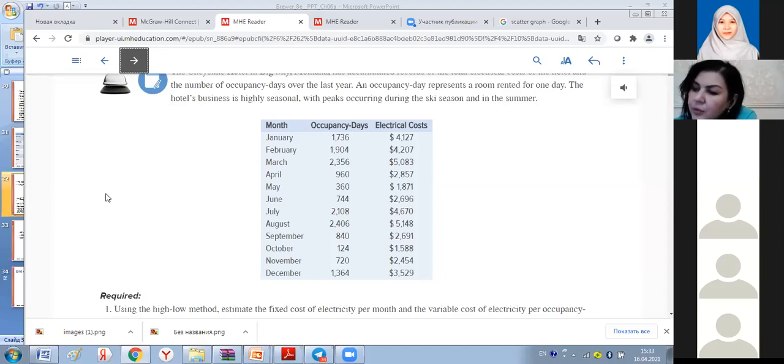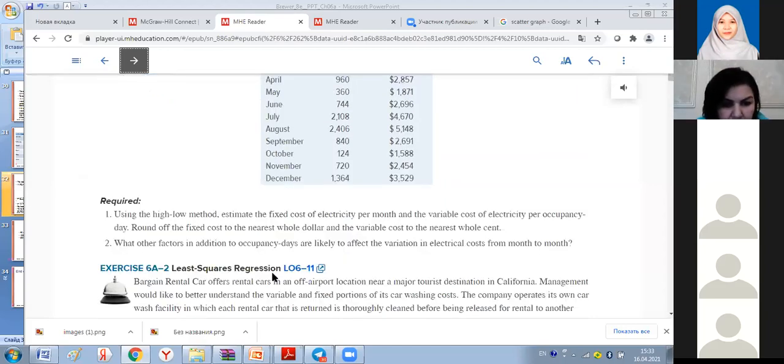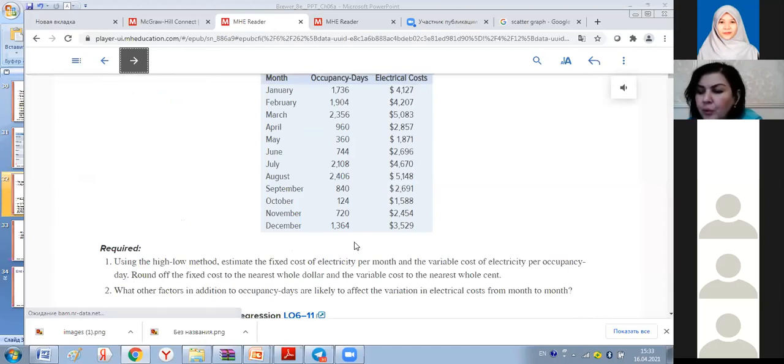Yes, it is 1.56, because you rounded, right? Round the fixed cost to the whole dollar and the variable cost to the nearest whole cent. Yes, it is $1.56.